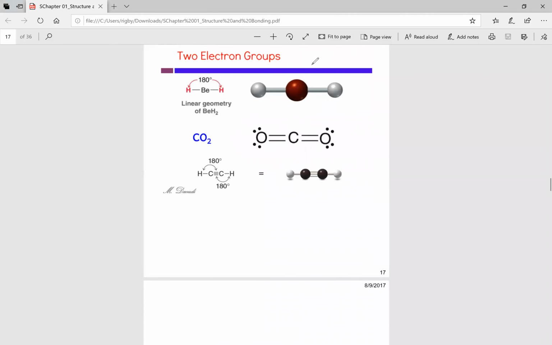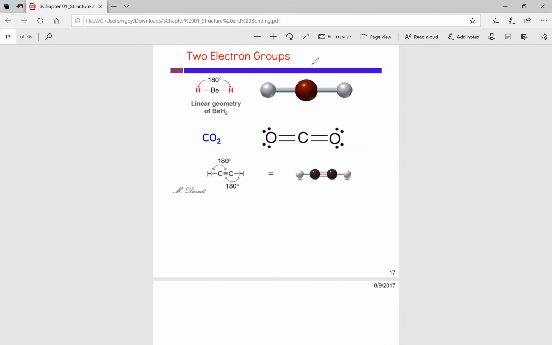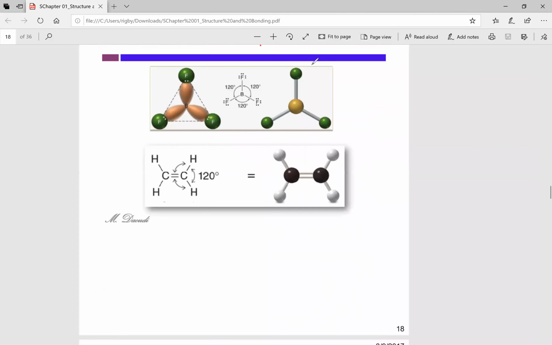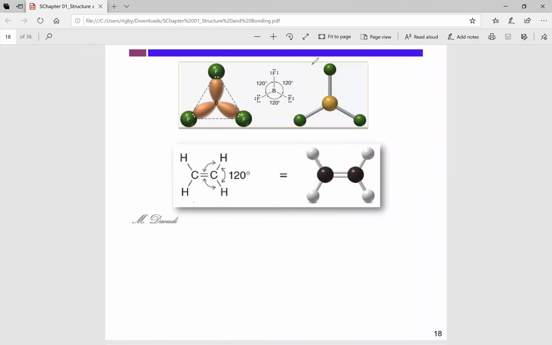So again, this is talking about the linear geometry of an sp carbon. This is talking about the trigonal planar geometry of an sp2 carbon. So the reason why we have all these electron groups or molecular geometry groups is because the way that the bonds are set up in 3-dimensional space is to give the electron groups as much room as possible away from one another.